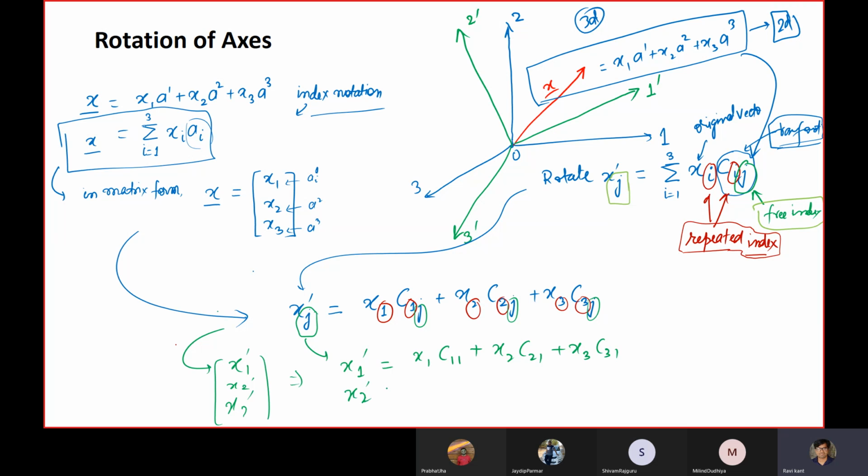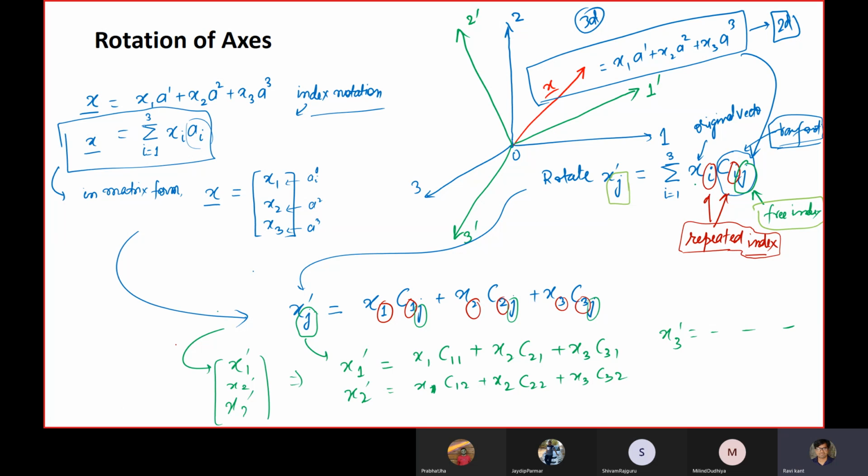Similarly, x2' can be written as x1 c12, x2 c22, x3 c32, and similarly x3' can also be written.